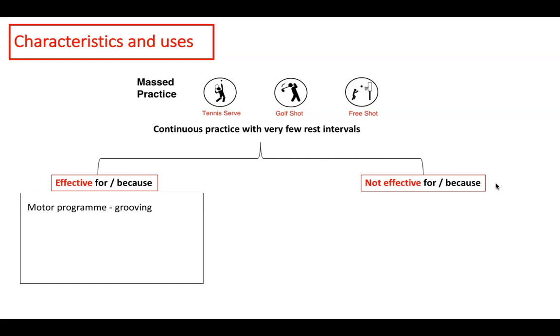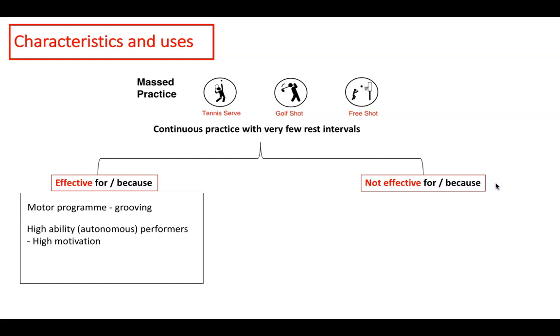Motor programs are movement plans in our brains, and massed practice is really good at grooving. This term grooving is really important, so it becomes habitual. It's really good at creating these movement patterns in our brain so that they become grooved. Massed practice, continuous practice with very few rest intervals, really develops these motor programs and grooving.